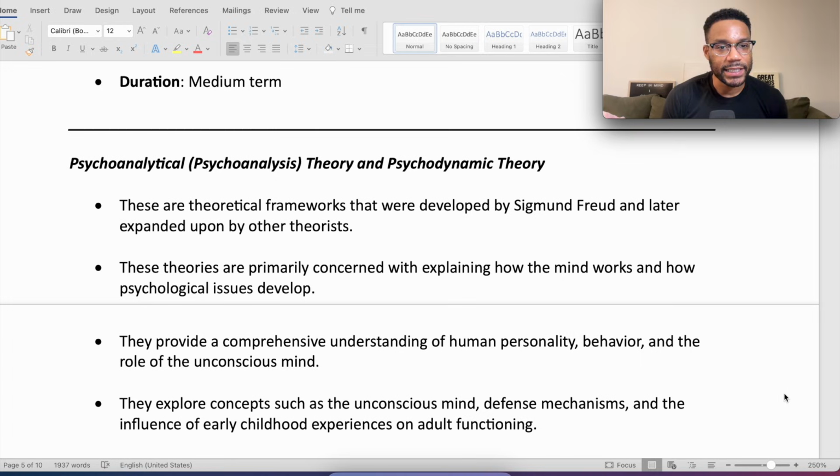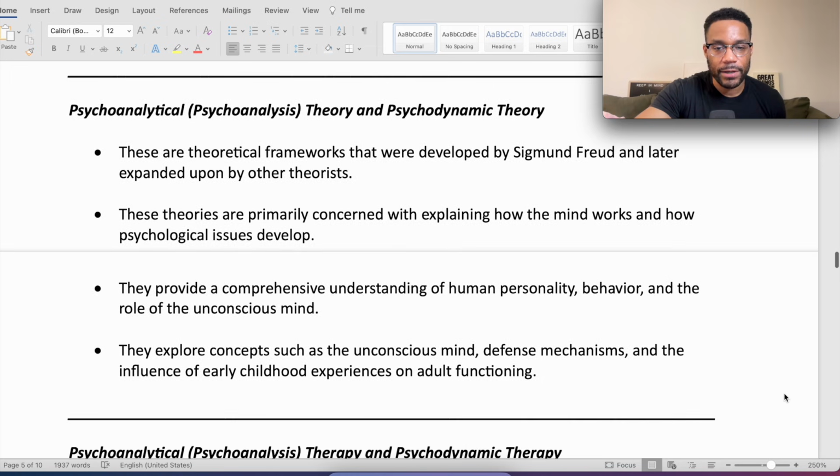Now we have psychoanalytic or psychoanalysis theory and psychodynamic theory. And I put this here just to give a little bit of background before we dive into the actual therapy modalities. These are theoretical frameworks that were designed by Sigmund Freud and later expanded upon by other theorists. These theories are primarily concerned with explaining how the mind works and how psychological issues develop.